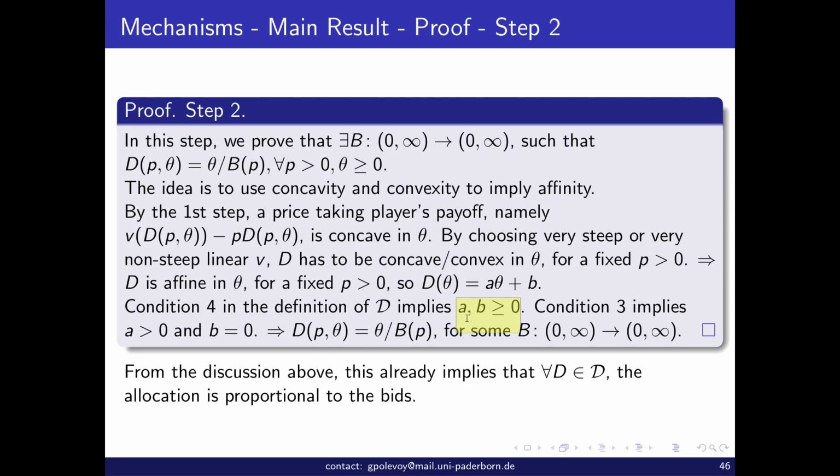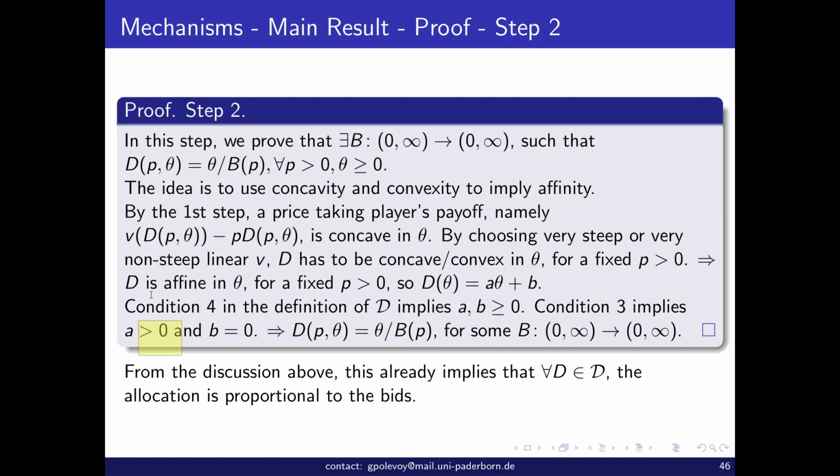We already have shown it's non-negative. If A was 0, we would not be able to get more than just always B, so it has to be strictly positive. Now B cannot be anything positive, because if B were positive, it would mean that we never get 0, or definitely we do not get anything smaller than B. So B has to be 0.